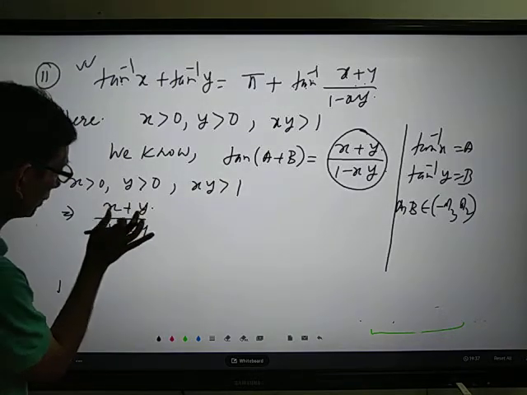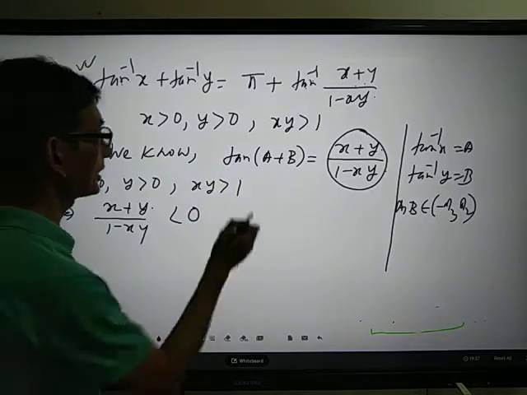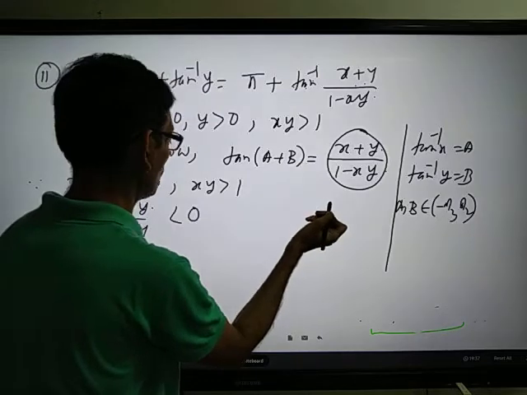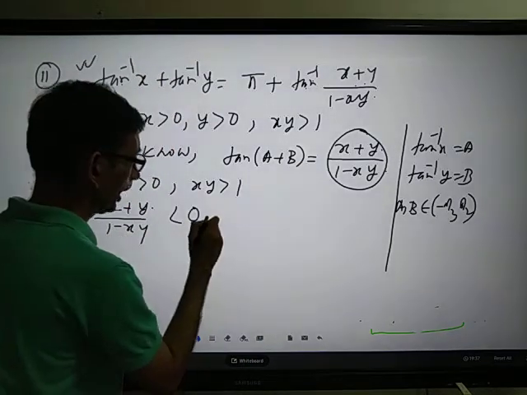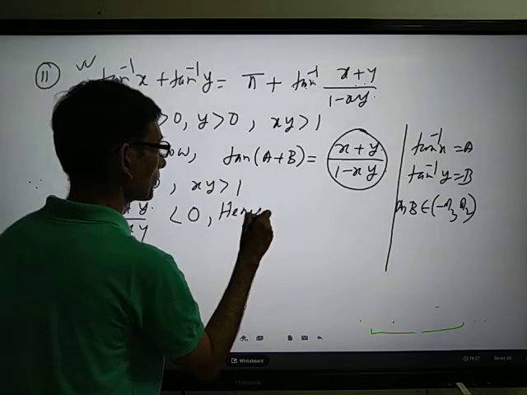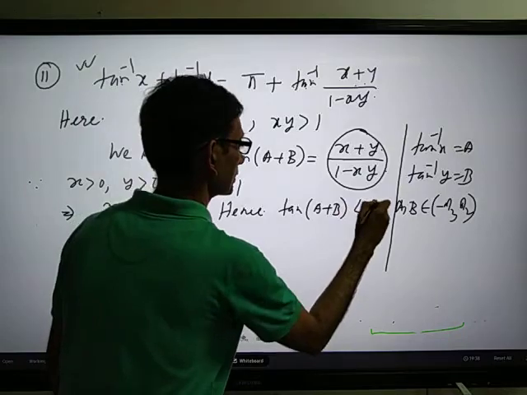So as a whole, this is positive, this is negative, so it is less than 0. Now, since tan(a plus b) is negative, this is (x plus y) over (1 minus xy), which is less than 0. So hence, tan(a plus b) is less than 0.